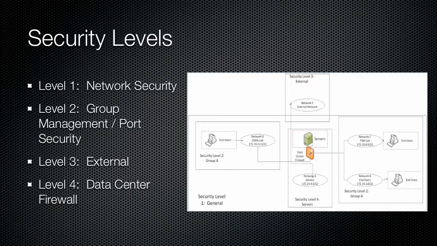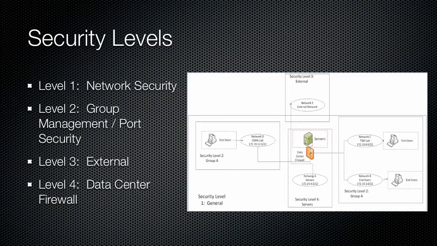Those extra things are designated to prevent bad things and malicious intent from coming into the network. And the most important layer, which deals with my second phase implementation, is the data center firewall, which exists on level 4.